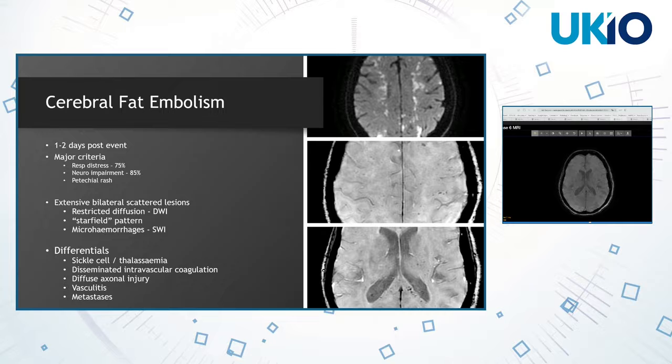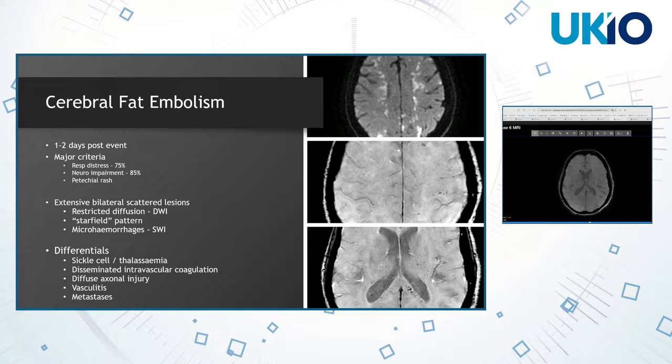Of course, you'll have the history of trauma, but the microhemorrhages tend to be in deep white matter, corpus callosum, brainstem, and a fairly typical pattern. In the image at the bottom right-hand corner of the screen, you can see microhemorrhages in the corpus callosum, and that could have been diffuse axonal injury.